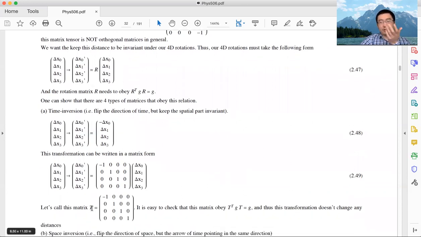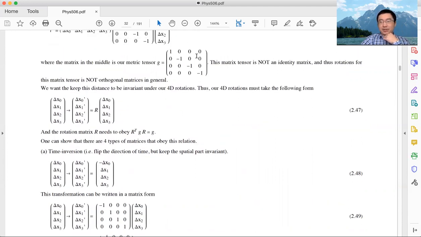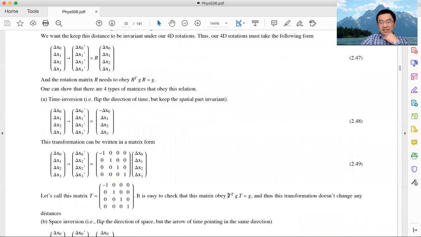This operation is typically called capital T, which means time reversal. One can easily verify for the metric tensor we defined up there that this time reversal does not change the metric tensor. If we flip the direction of time, the 4D distance stays.